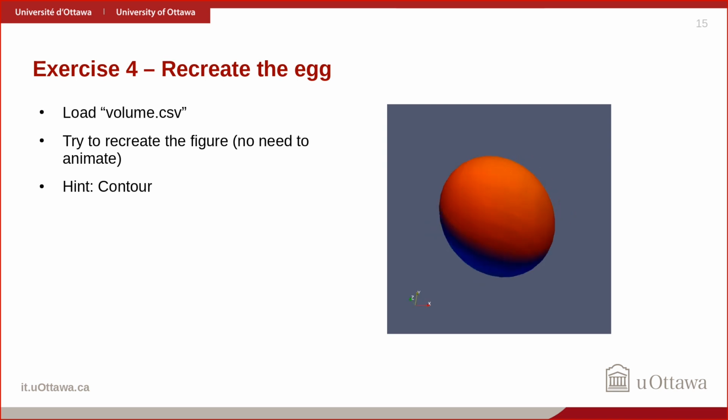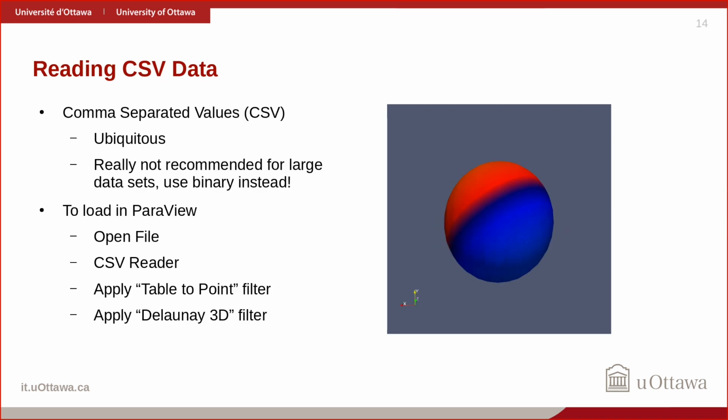I closed the window to show the table of the volume file. Okay, so yeah, you can open the file again, and then you can choose the CSV reader, and then it's table to points and the Delaunay 3D.